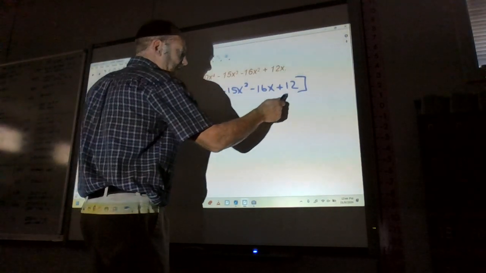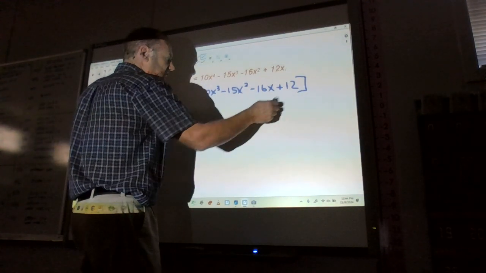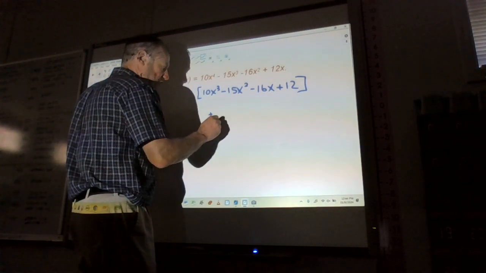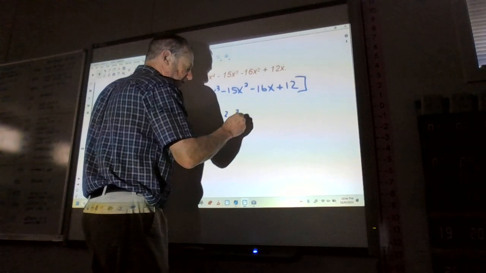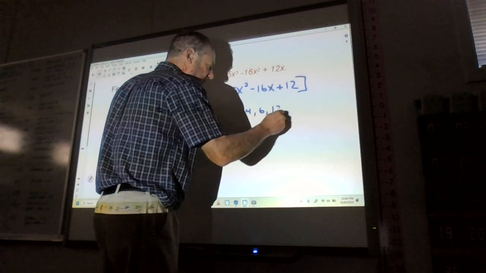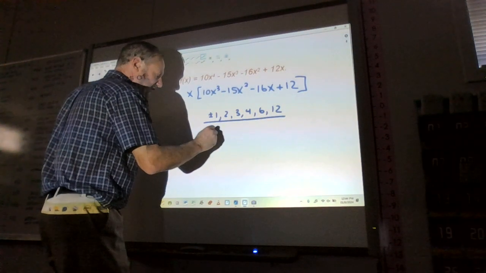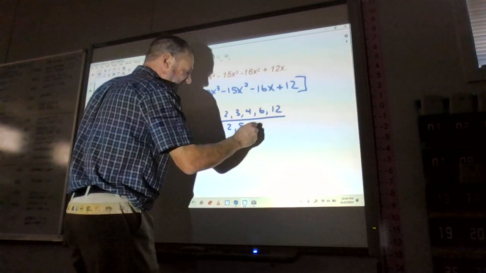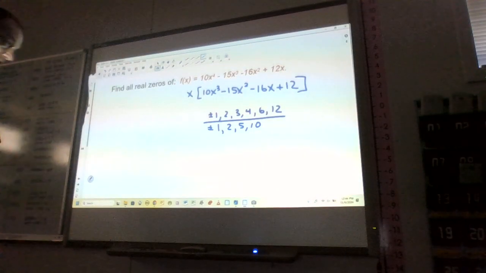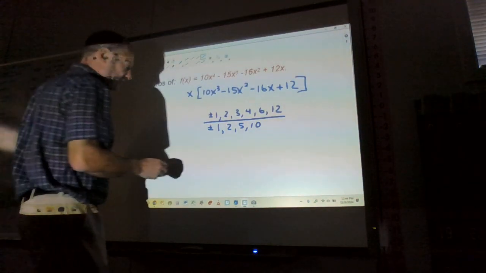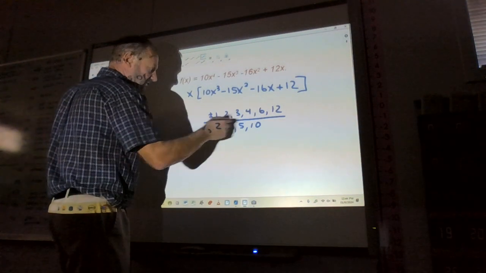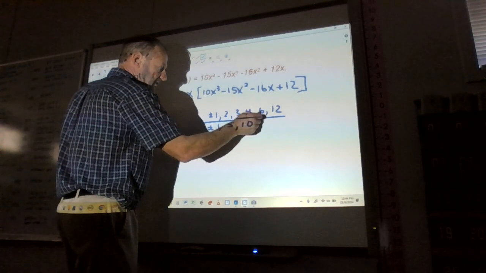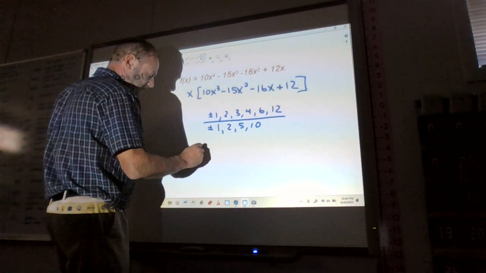So my possible rational solutions, there's going to be a bunch of them here. It's going to be plus or minus the factors of 12: 1, 2, 3, 4, 6, and 12, over plus or minus 1, 2, 5, and 10. Now this makes a whole lot of possible rational solutions because there's what, 2, 4, 6, 8, 10, 12 of them here.